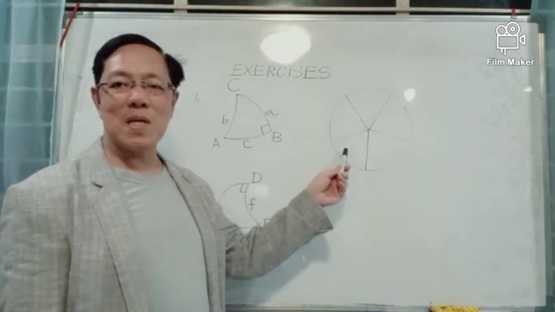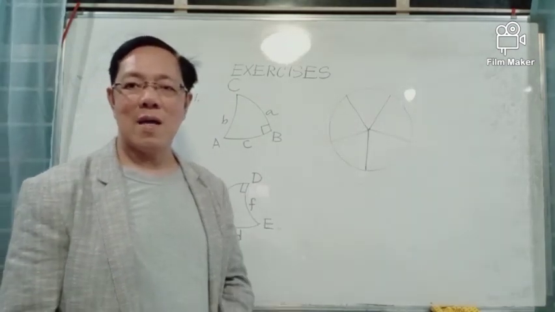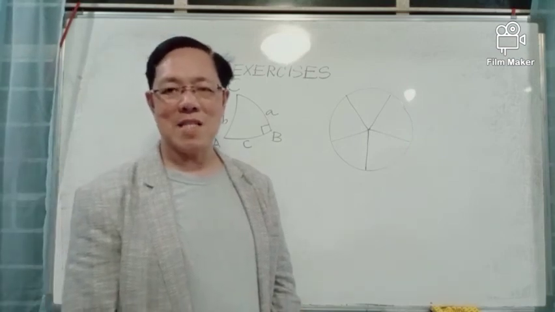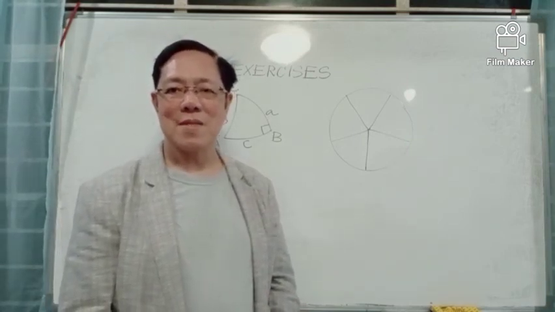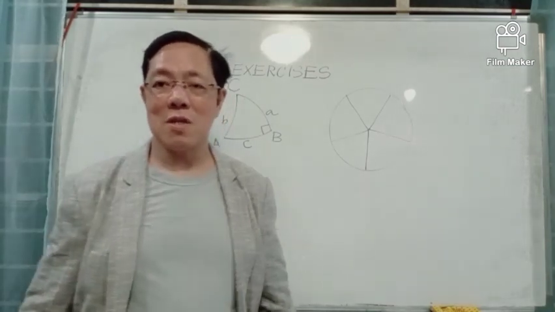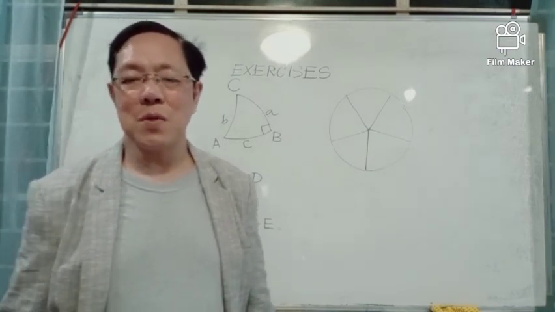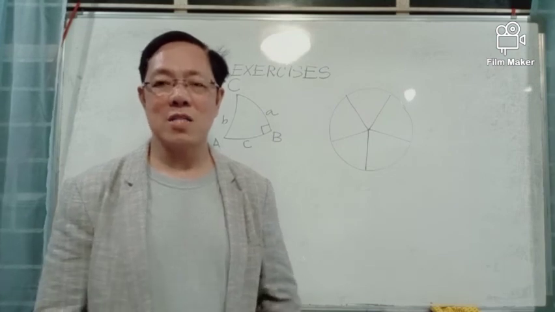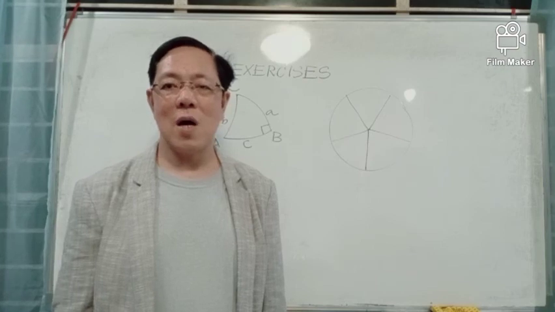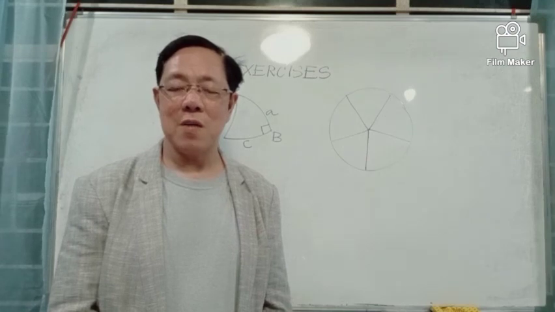And after you have drawn the mnemonic device, you take each part as a middle part. And for the middle part, you identify the adjacent parts and the opposite parts. Because in writing the equations using the 2 Napier's rules, you have to know which are the adjacent parts and which are the opposite parts of the given middle part.